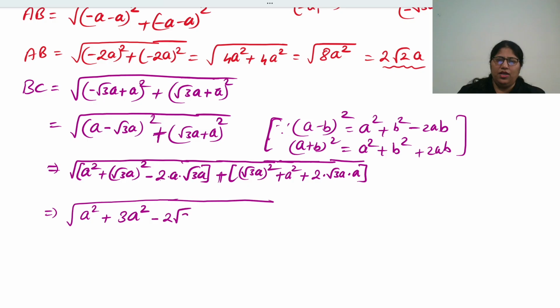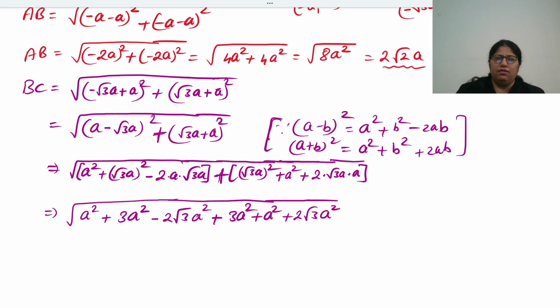First write down the numerical value, and a into a will become a square, right? So I'll write down here 2 root 3 a square plus, because in the middle there is a plus sign, no change of sign inside the bracket. So it will become 3a square plus a square plus 2 root 3 times a square.